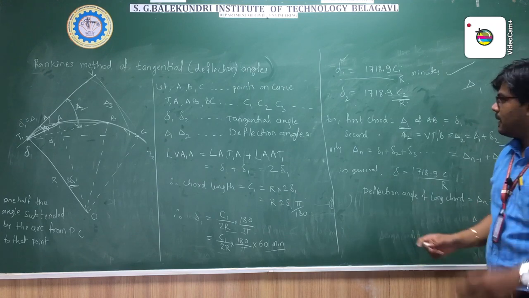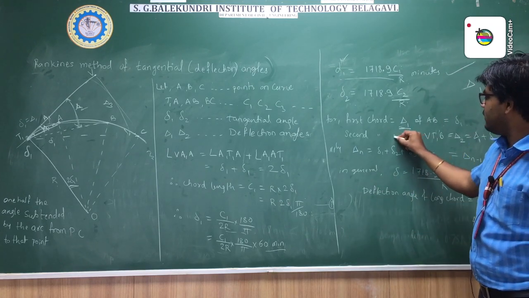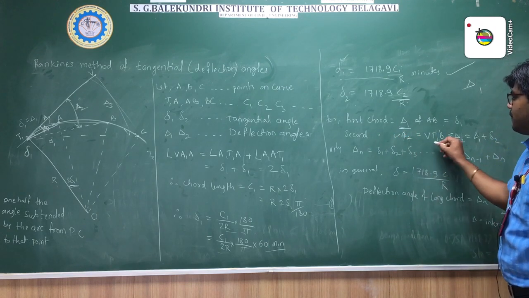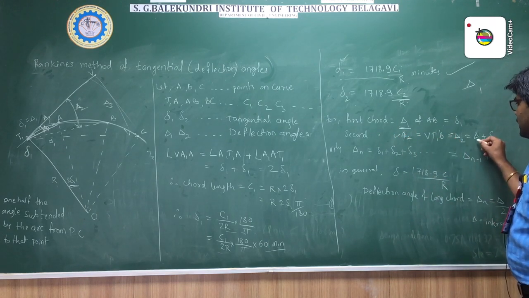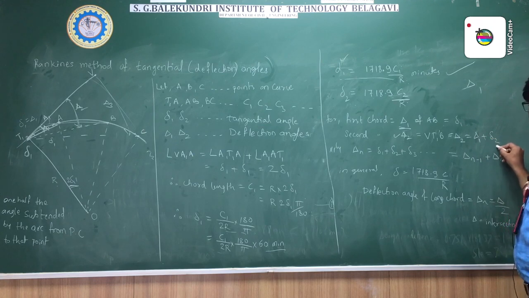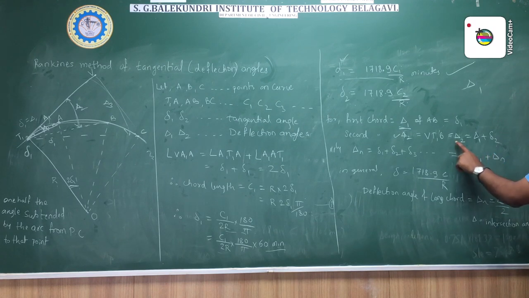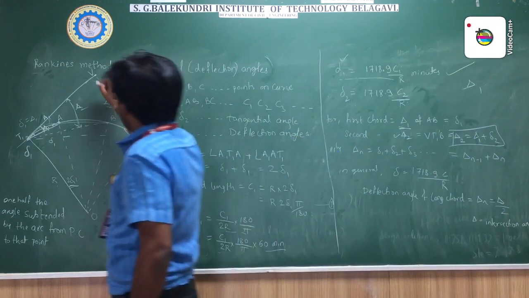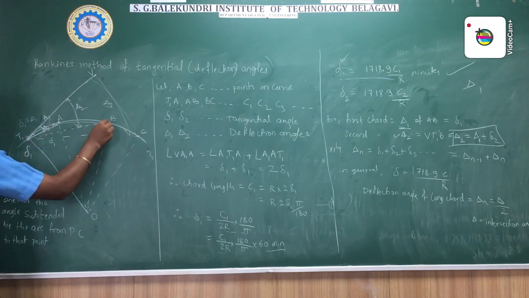When you consider delta 2 for the second chord, you need to consider the previous chord and the present chord. So, for the second chord, delta 2 will be delta 1 plus delta 2, the previous deflection angle and the present tangential angle. You can see in the figure V T1B.